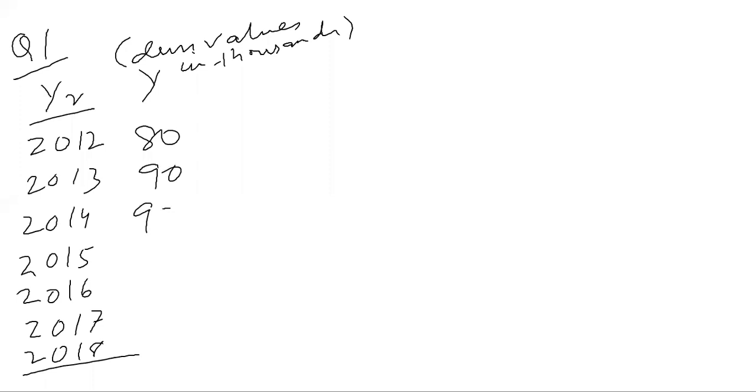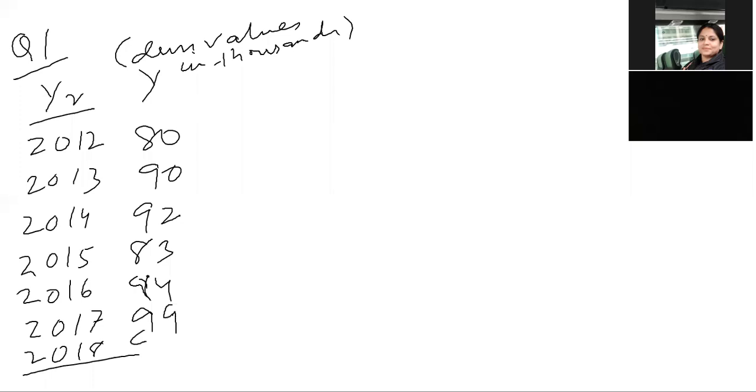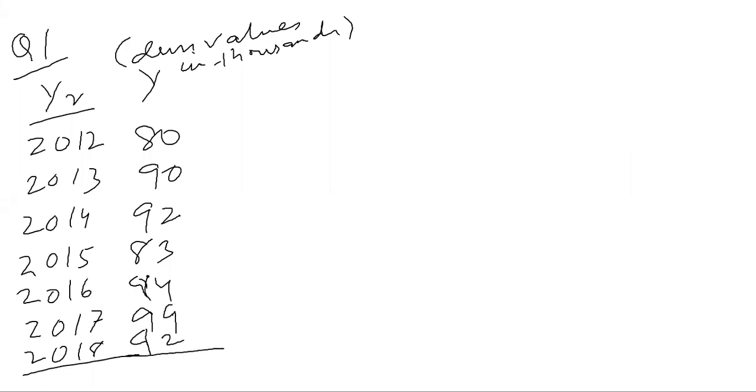Then this is 92, 83, and then 94, 94, then 99 and 92. So this is the only information which will be given to you. From here you will find. Okay. Did you all write the question?